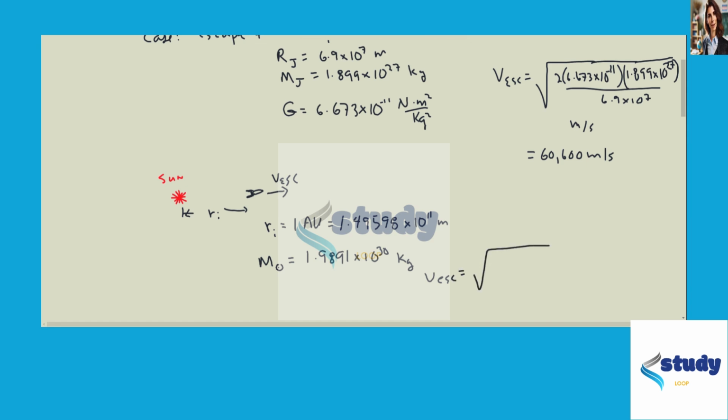But the formula works just the same, whether you're trying to escape the surface of a body or get out of the grip of a star.